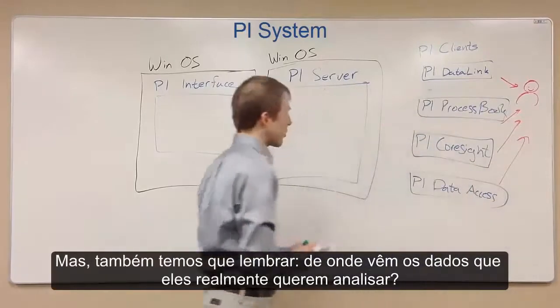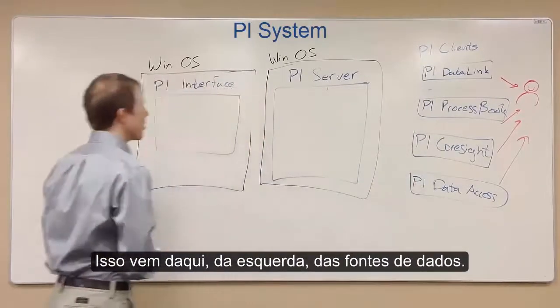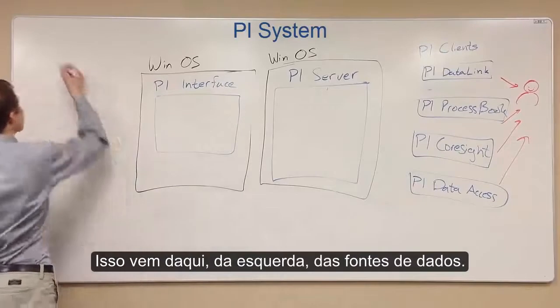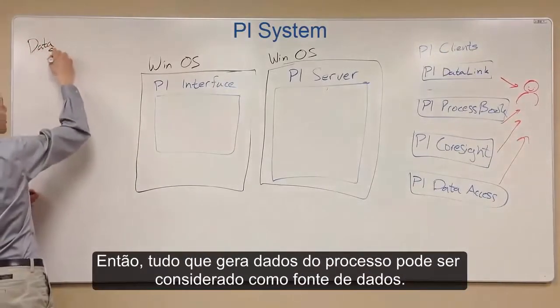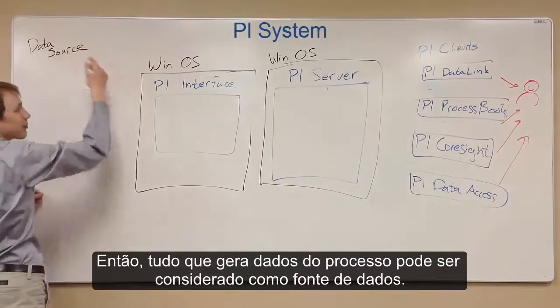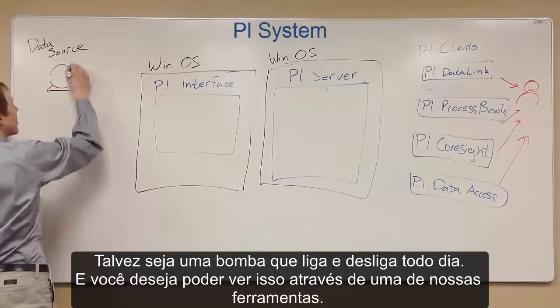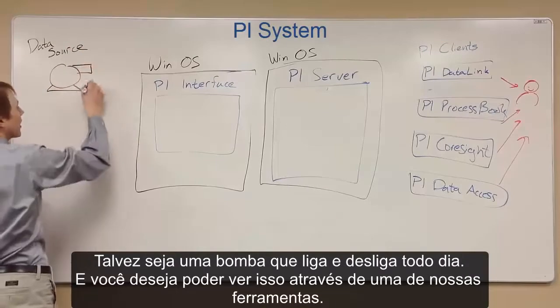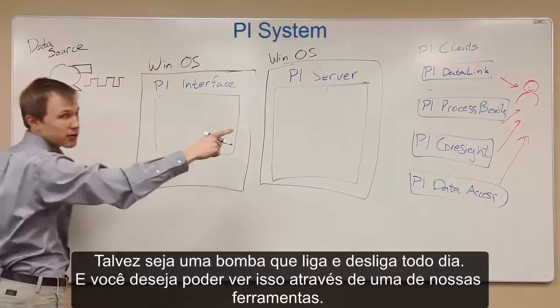But we also have to remember, where's the data coming from that they actually want to analyze? That comes from way over here on the left, from data sources. By data sources, I'm referring to anything that makes some kind of process data that you want to see. Maybe it's a pump that turns on and off every day, and you just want to be able to see that through one of our tools.